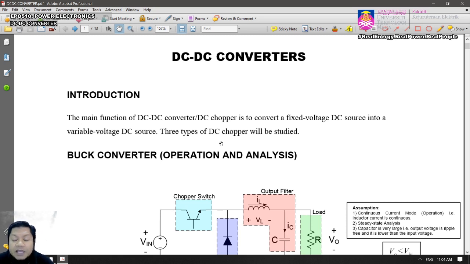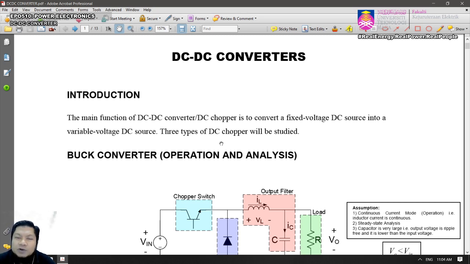You have a series of loads, and each load requires a different level of DC output voltage. Therefore you need a proper DC-DC converter to provide the load with the required level of voltage.